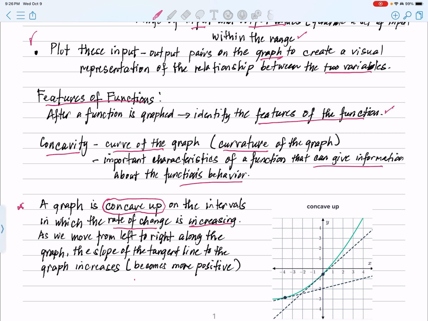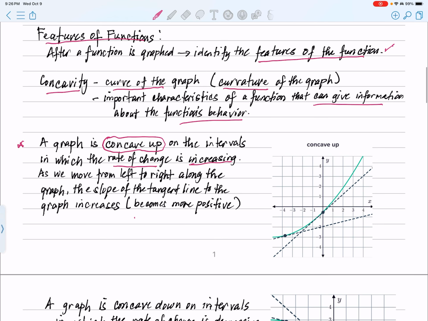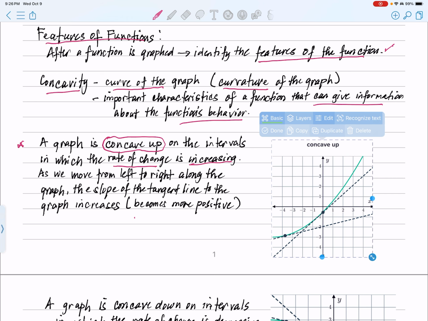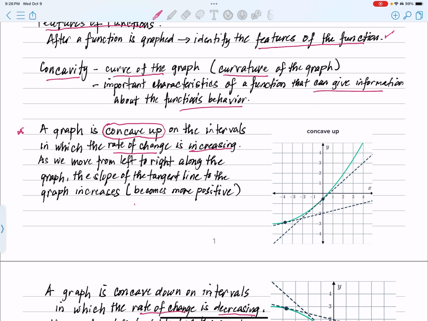All right. Concavity, there are two types. A graph is concave up on the intervals in which the rate of change is increasing. As we move from left to right along the graph, the slope of the tangent line to the graph increases and becomes more positive. Let's understand that.